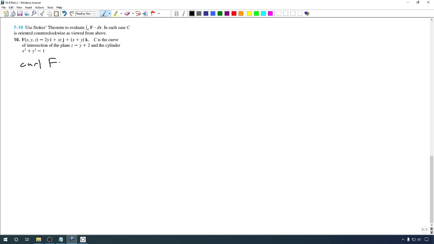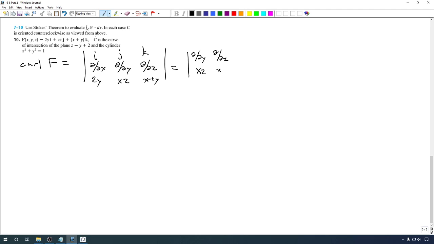Of course, we do need to take the curl. So we are going to take the curl of this thing. That does mean that we're going to have ijk, the derivative with respect to x, y, and z. Then we have 2y, we have xz, and we have x plus y. If we expand that thing out along that first row, just the same way that we did before, here we have xz, here we have x plus y.